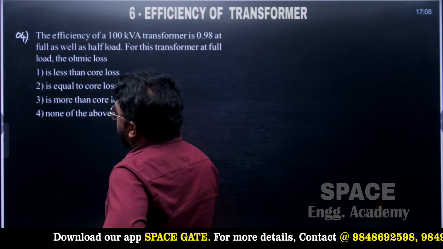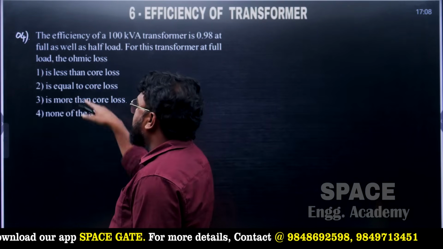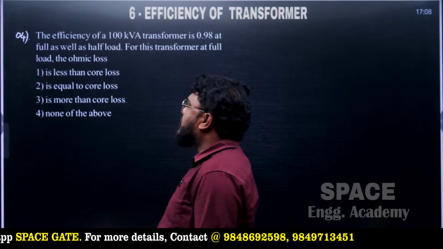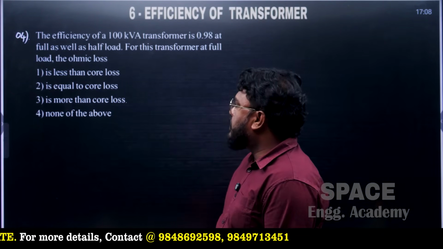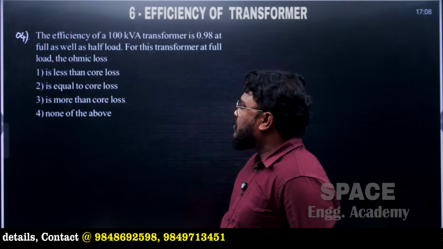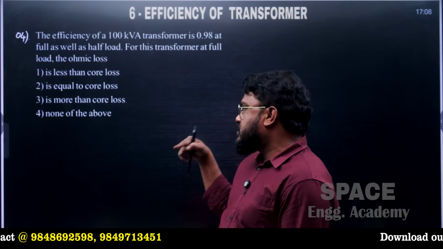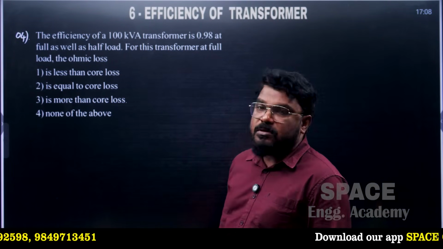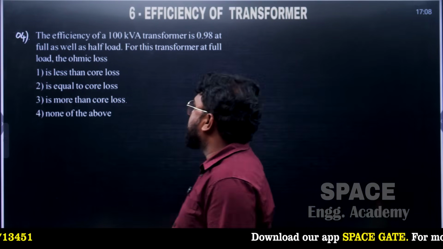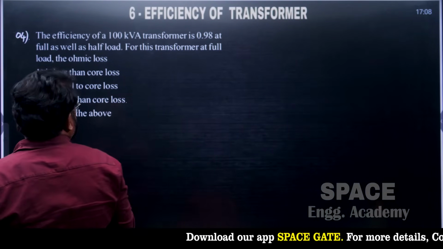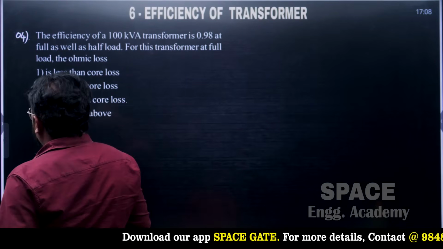For this transformer at full load, the ohmic loss: option A is less than the core losses, option B is equal to the core loss, option C is more than the core loss, and option D none of these. The efficiency 0.98 is given at full load power factor.